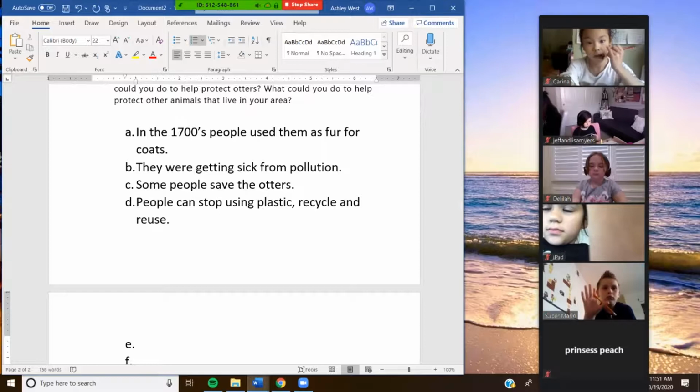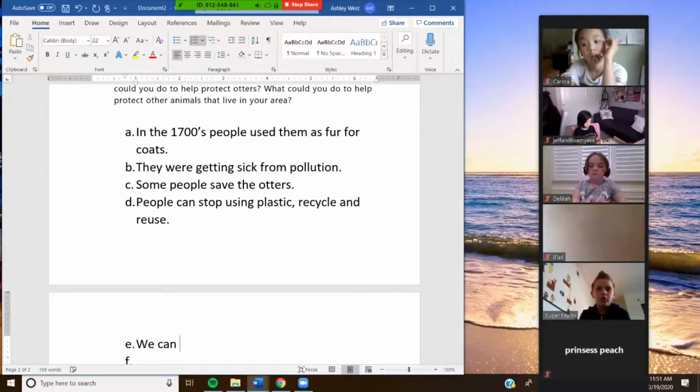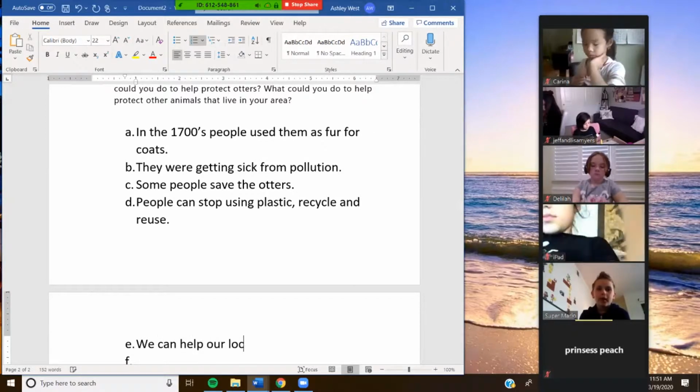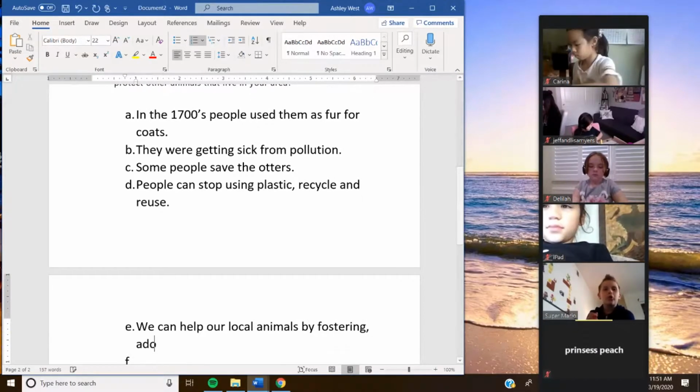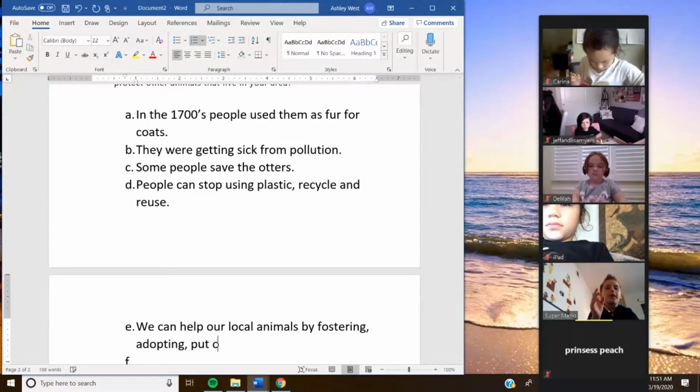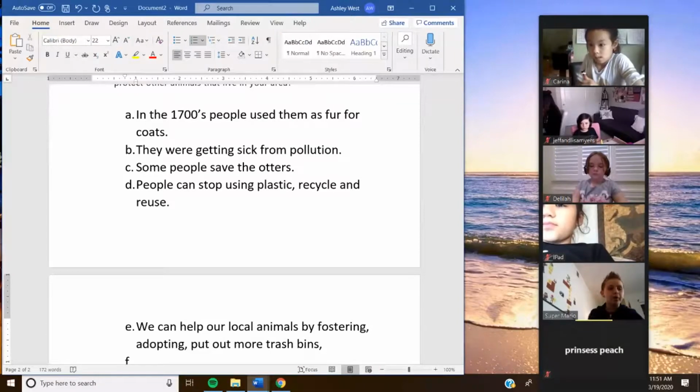Yes, Super Mario, Benaya. So I'm thinking that we can make more trash bins everywhere, or try to figure out to have a bag or something, like when you have trash and there's no trash can around, just have something with you where you can put your trash in.